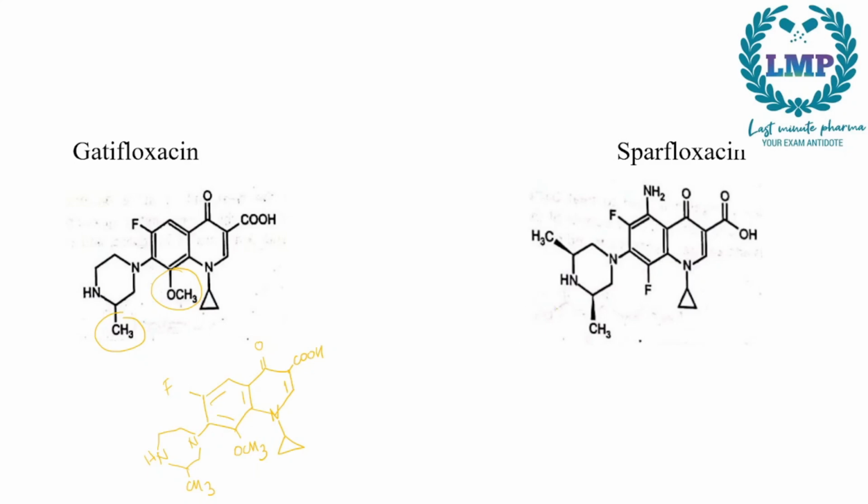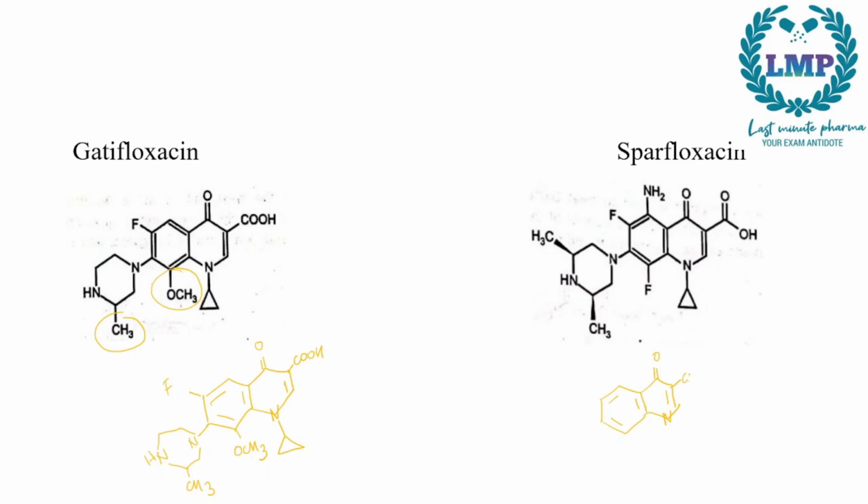Next we have sparfloxacin. In sparfloxacin, we will draw the same structure as that of lomifloxacin. So like lomi, first we'll draw the basic structure, that is 2 benzene rings fused to each other, a double bond O, a nitrogen right here, the double bonds.